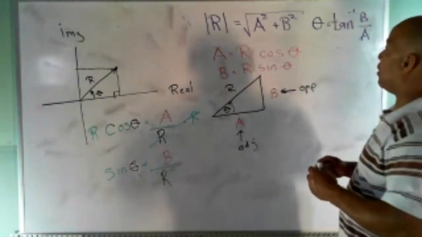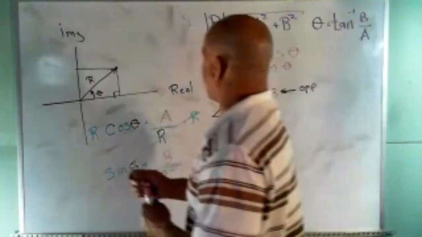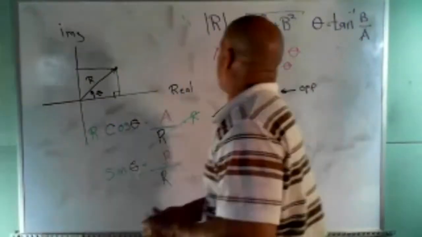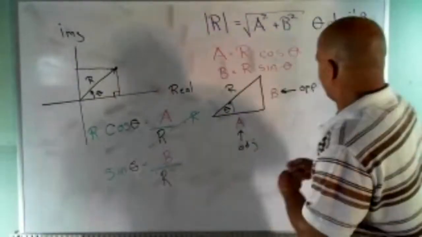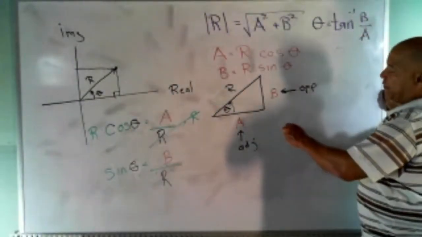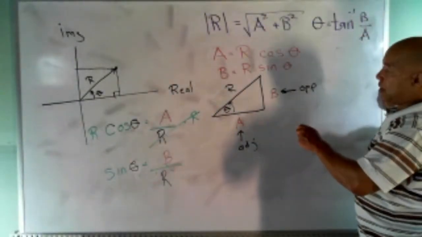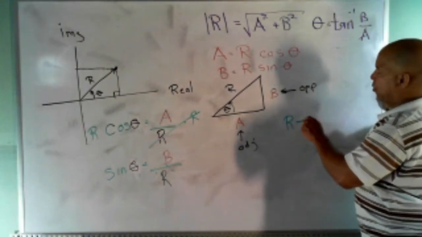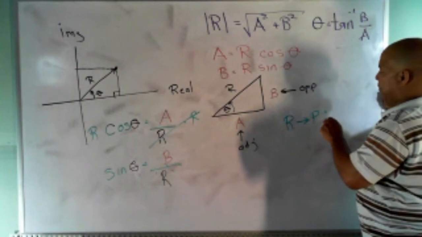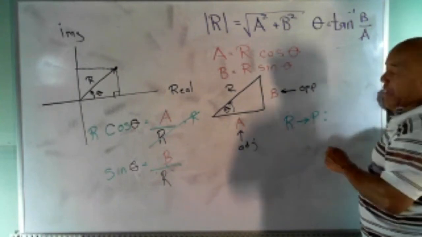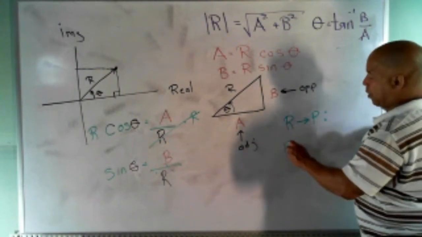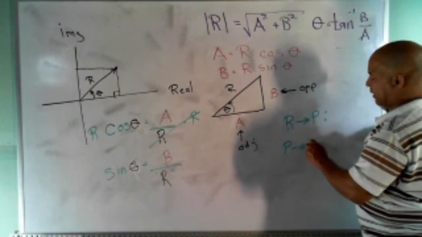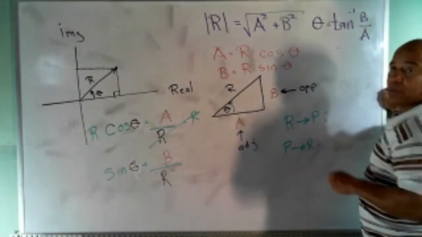And so what I have, guys, is this. Just to sum up, the way I show this, if I want to convert a number from rectangular to polar, I'll show it like that. I'll put these two colons and then I'll do my math. If I want to go from polar to rectangular, I'll show it like that, put two colons and then do my math.